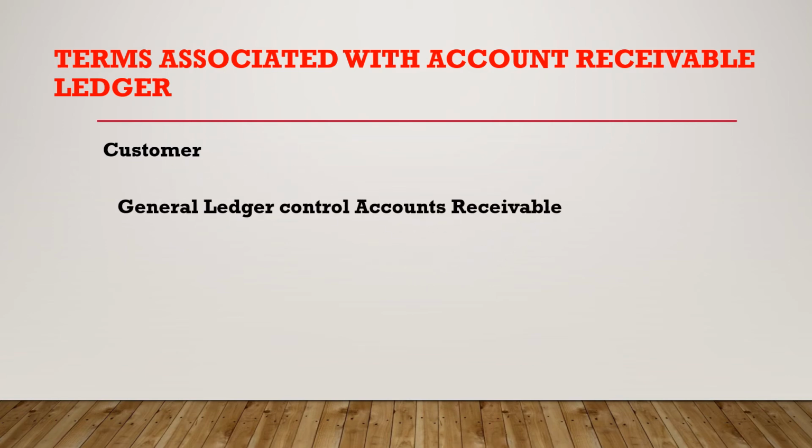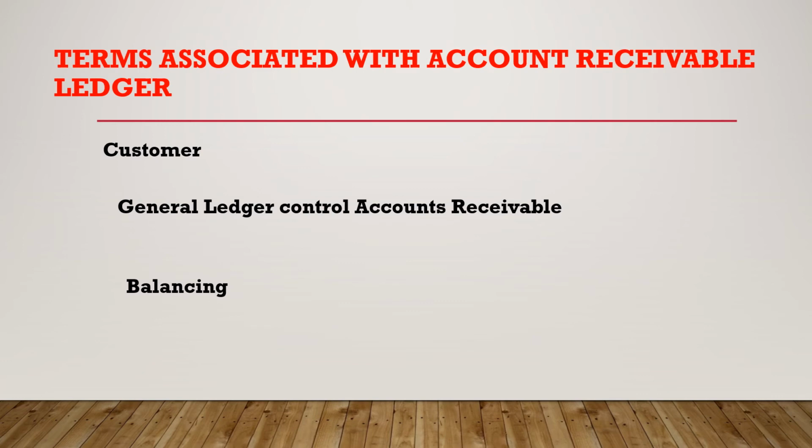We also have a general ledger control account receivable. This is the account that has a total that must equal account receivable ledgers. It's the account on the general accounting side that has to be equal to account receivable ledgers.